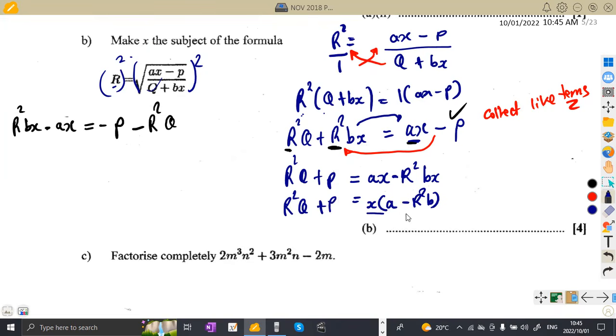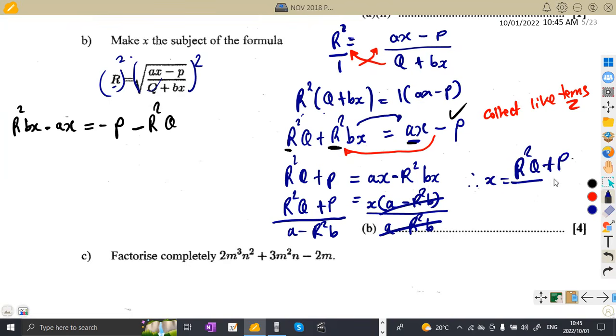So to find x, definitely divide by the bracket of a minus r squared b, so that this can cancel out. So therefore our x is going to be r squared q plus p over a minus r squared b. So that was the case.